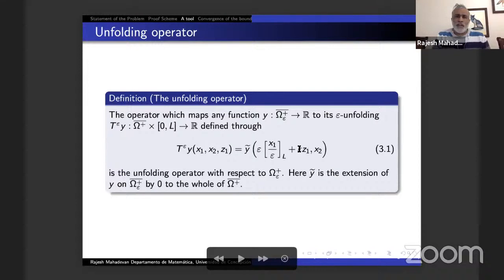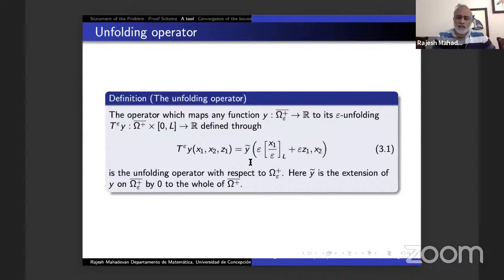So you create as many copies as there are points in the cell, and at each x1 you quotient it out and bring it to the integer part of this in some sense.